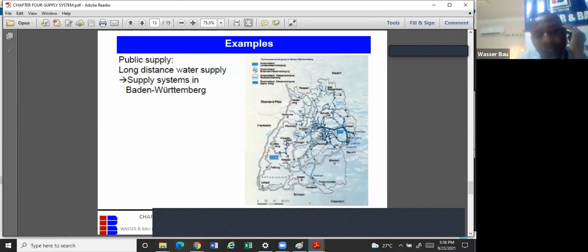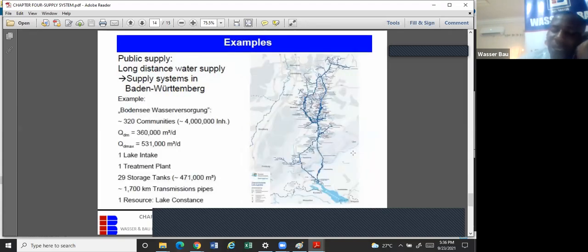Another example is in a certain part of Germany called Baden-Württemberg. Here, it is made up of 320 communities with an equivalent of 4 million inhabitants. The daily demand is about 360 meters cubed per day. But the maximum specific demand, in other words, after multiplying by the safety factor, is about 531 meter cube per day.